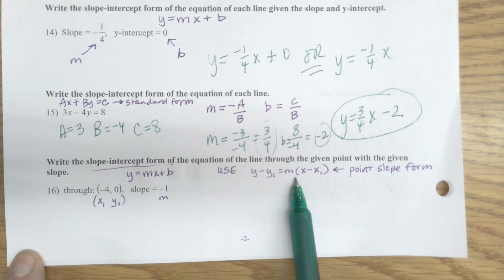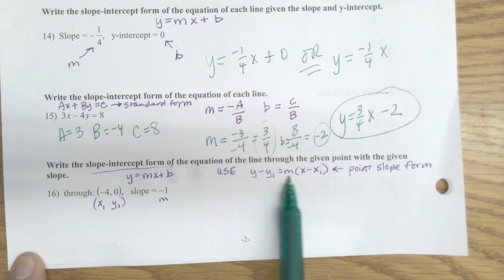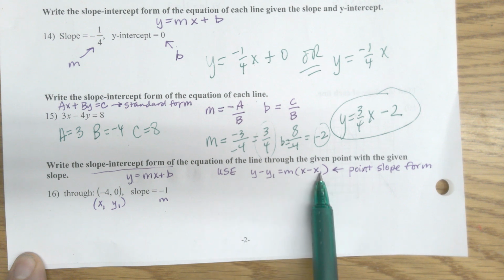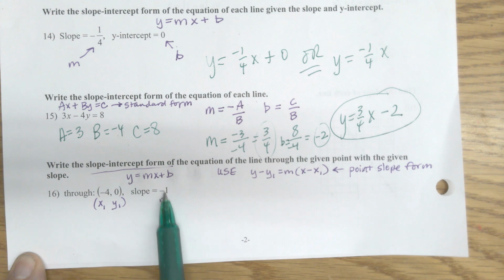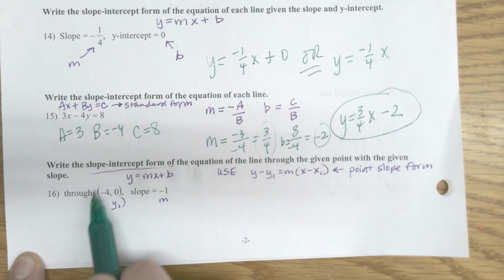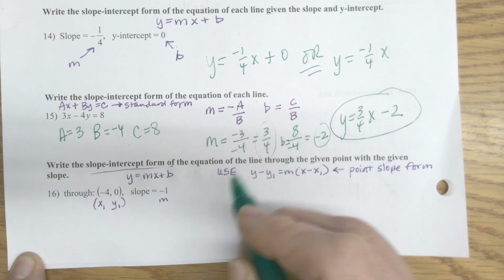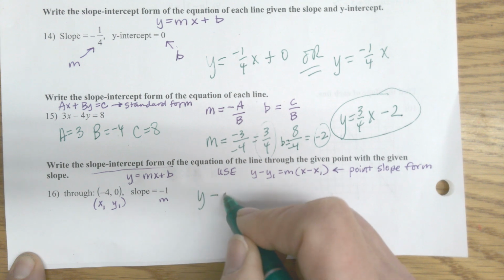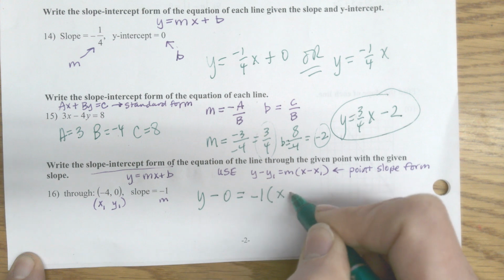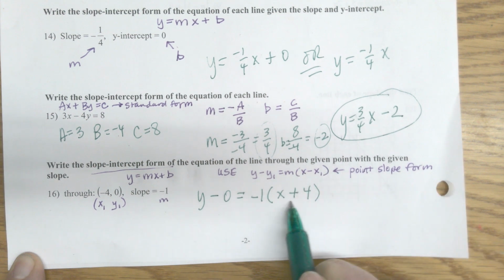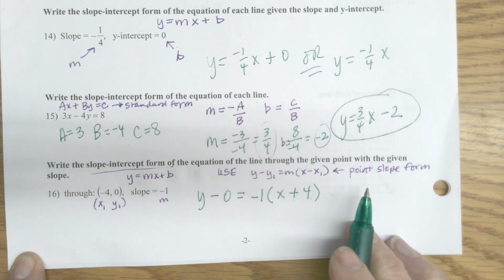Well, that's nice, because in point-slope form, you don't have to do any simplifying. I've got a point, so I have x1, y1, I've got a slope, and so if I were going to plug everything into the right spot, it would be y - y1 = my slope times (x - x1). It was minus -4, so I wrote it as +4.